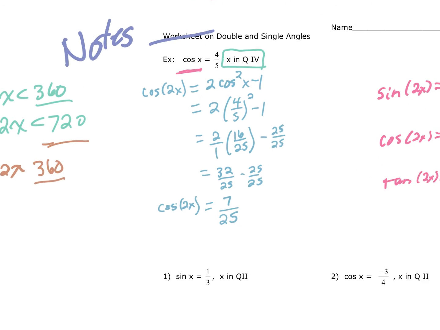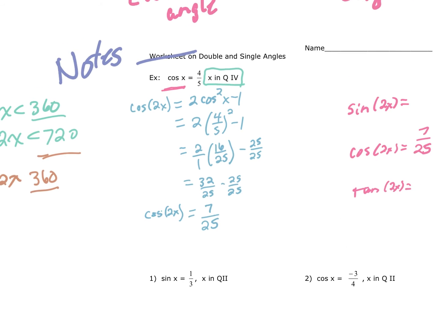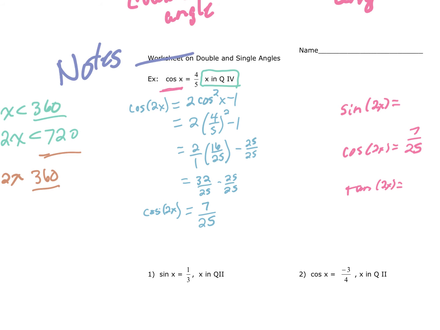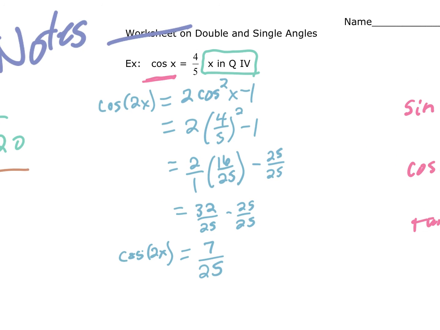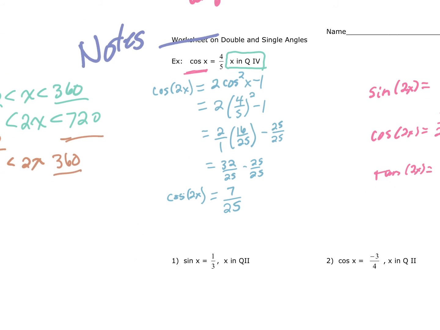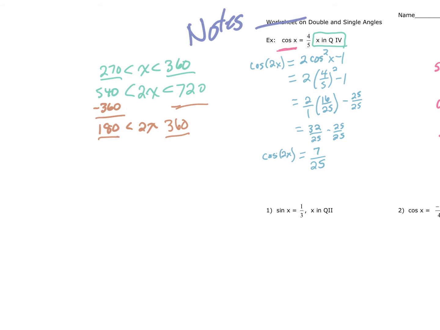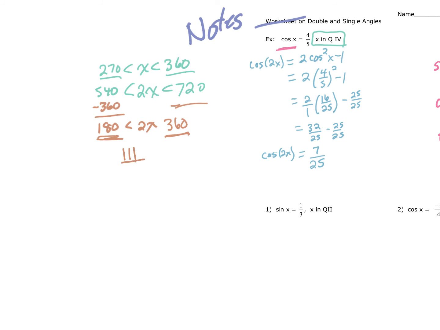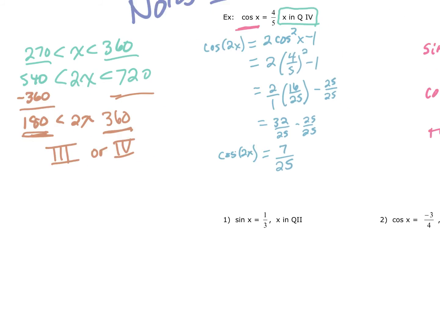It says it's positive in quadrant 4, but that's where the single angle is, and we don't know where the double angle is. The double angle is somewhere between 180 and 360, so it's either in quadrant 3 or quadrant 4. We have to decide which quadrant that is.